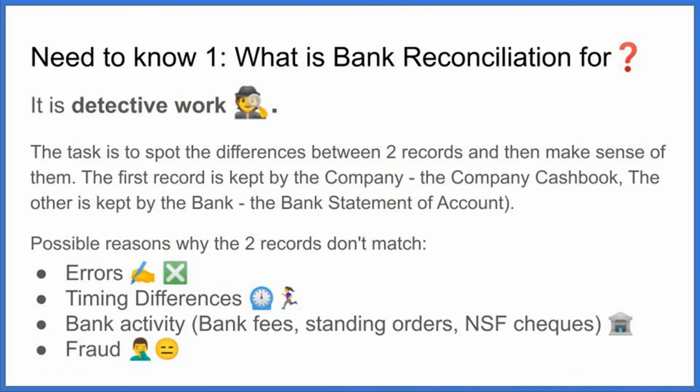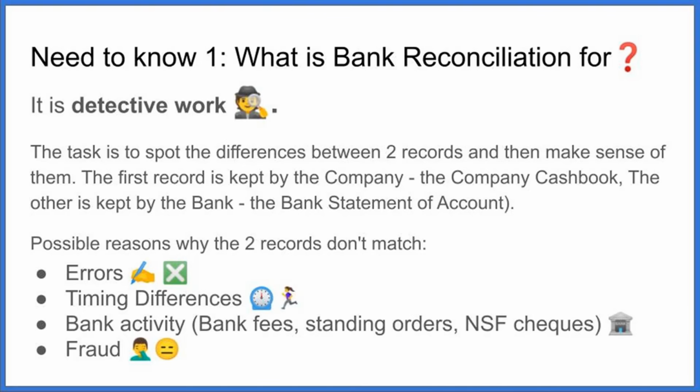The reason that this is important is because some differences, like timing differences, right? Money being literally deposited late into the bank due to our error, etc., or unpresented checks, that is to say, people who we paid with checks not being in too much of a hurry to take their check to the bank and get the money out, so that the records might show a different story, even though everything is completely legit and above board.